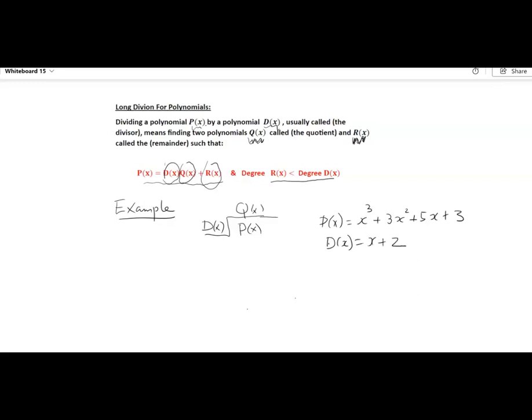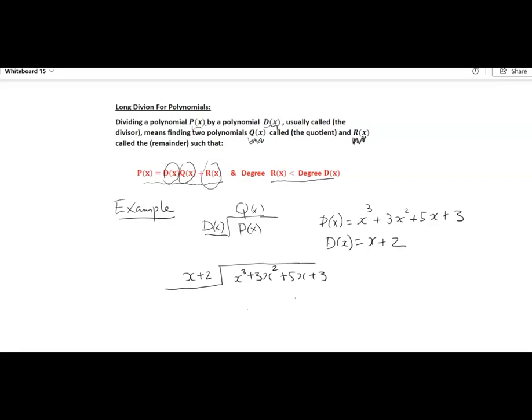And the division process is laid out as follows. As you can see, here's p of x, and there's d of x there.